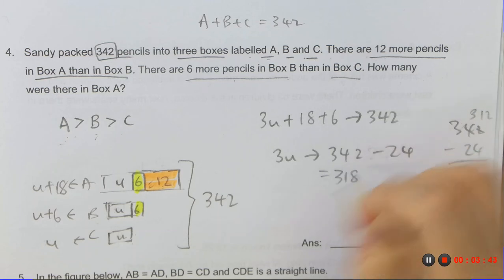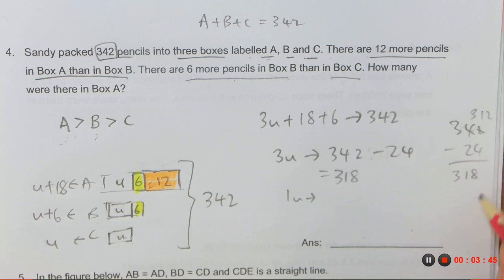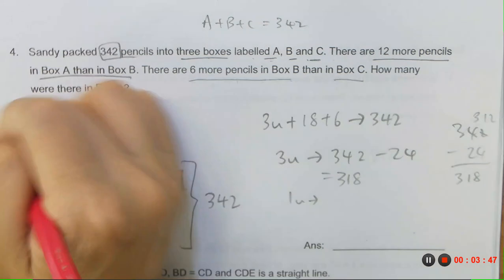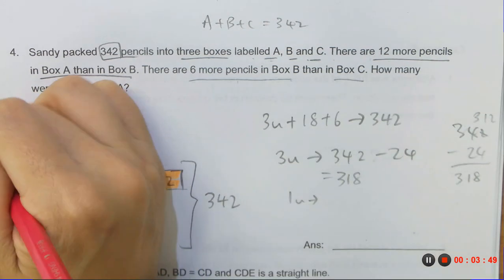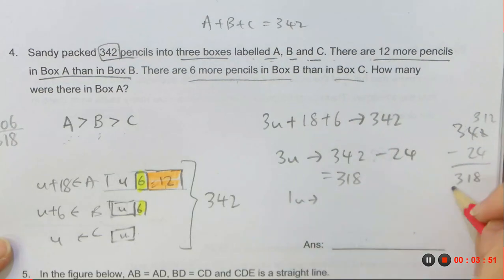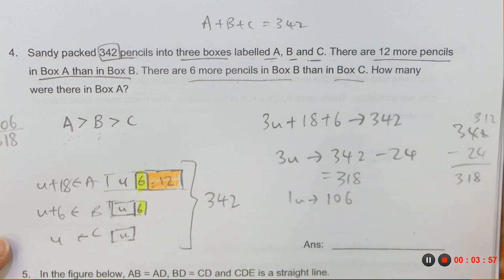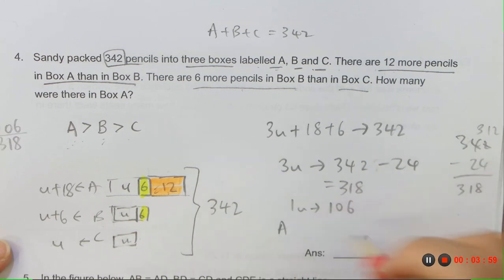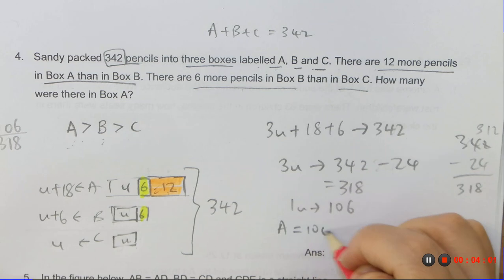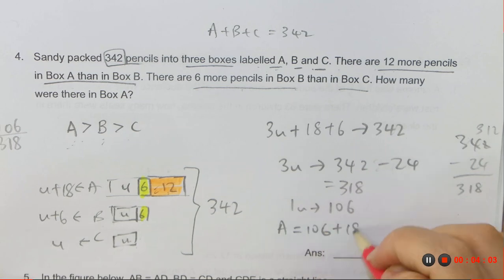So 1 unit is 106, that's correct. 106 by division. And then you want A, so A will be plus 18. Correct, 124, that's right.